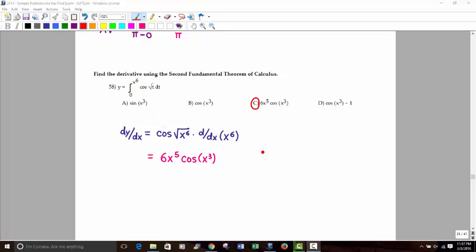So the square root of x to the 6 is x cubed, and then the derivative of x to the 6th is 6x to the 5th, so I'll just put that in front. So you have 6x to the 5th cosine x cubed, and that's all there is to it. In this kind of problem, if you're trying to do any kind of integration, you're definitely doing it the wrong way.